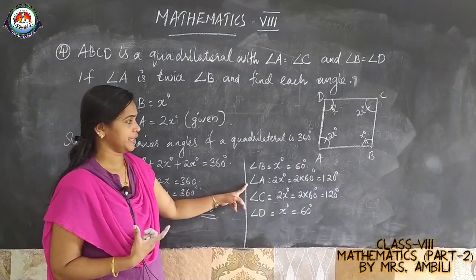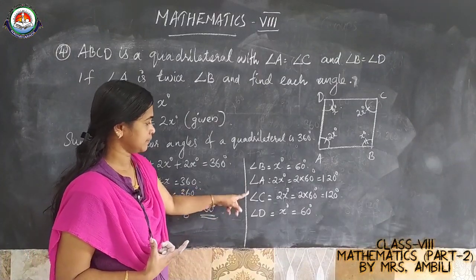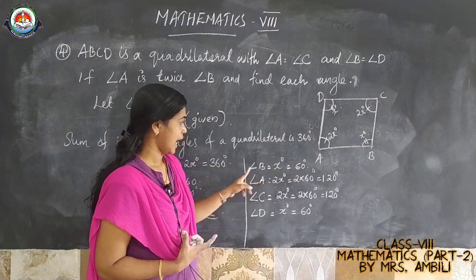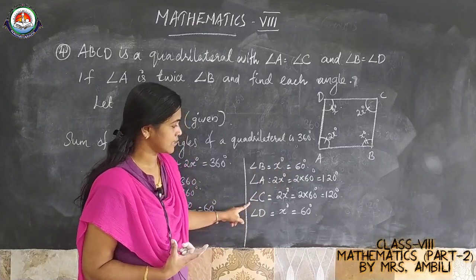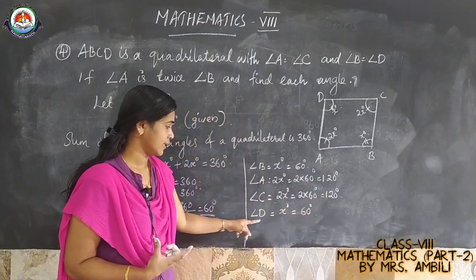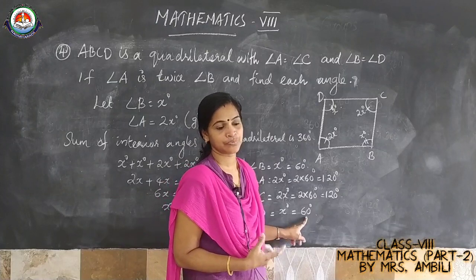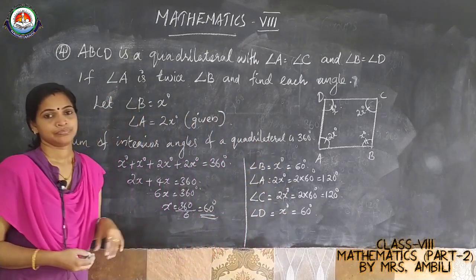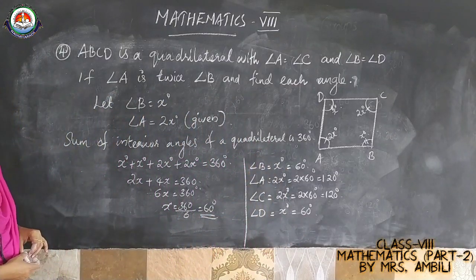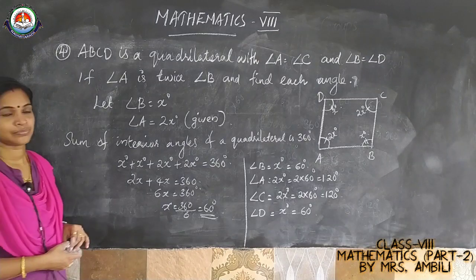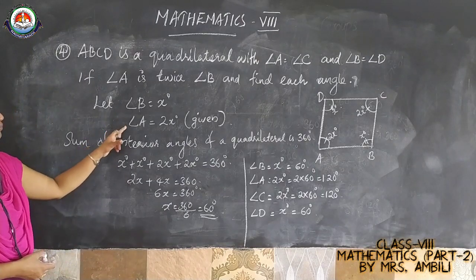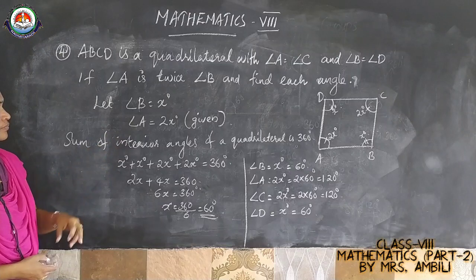Angle A 120 degree, angle B 60 degree, angle C 120 degree, and angle D equal to 60 degree. All the angles we got. Okay, any doubt?